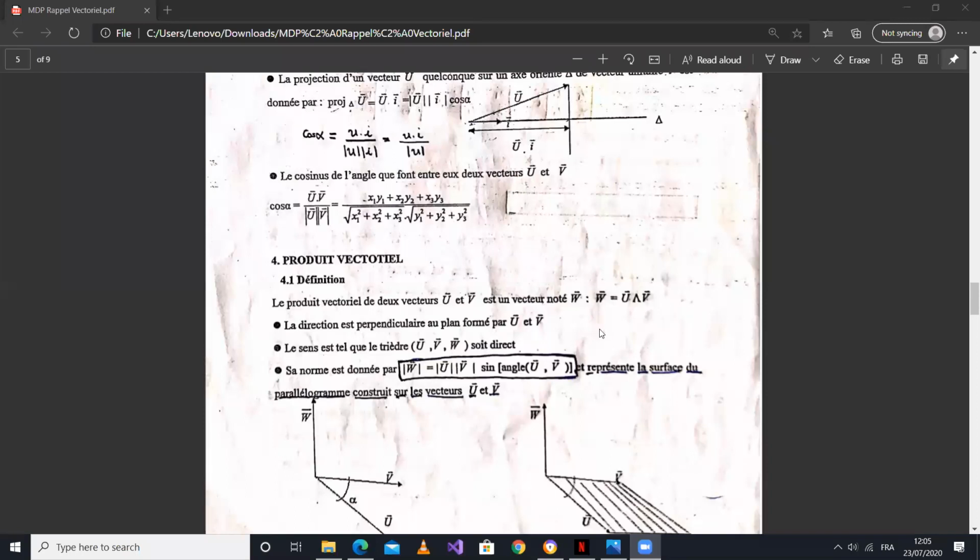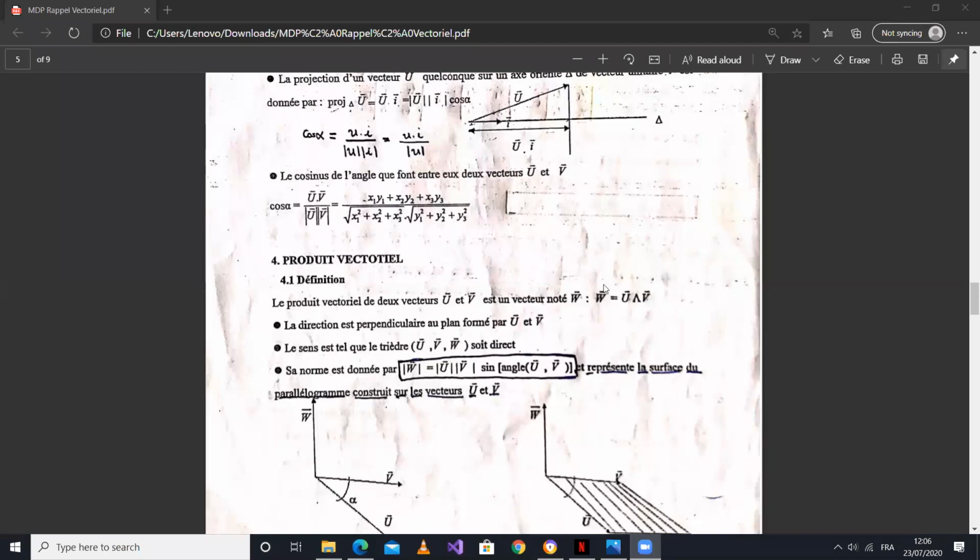Now, one thing you should know about the produit vectoriel is that when you calculate the produit vectoriel of two vectors, the resulting vector is perpendicular to both vectors. So if you've been given two vectors, U et V, you're calculating leur produit vectoriel.